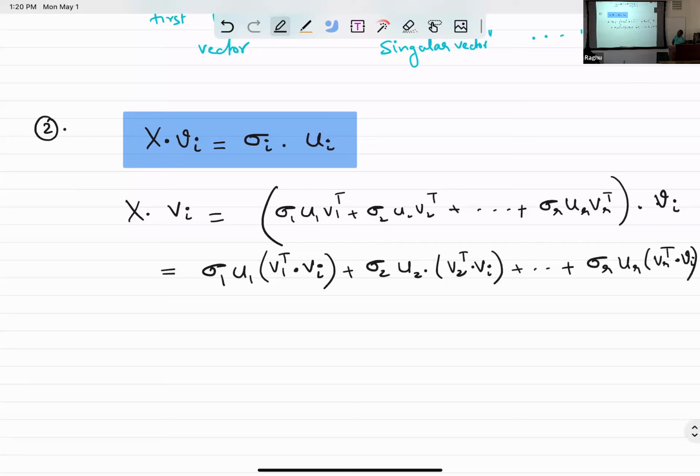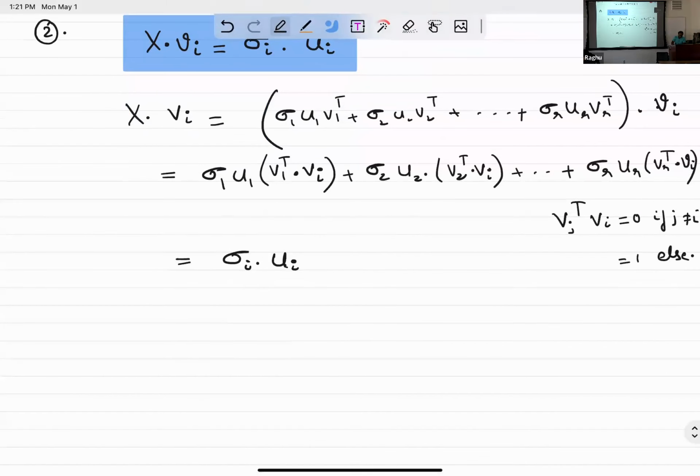Since the Vi's are orthonormal, Vj transpose Vi equals 0 if j is not equal to i, and is equal to 1 otherwise, right? So only the ith term would survive and I would get sigma i times Ui.